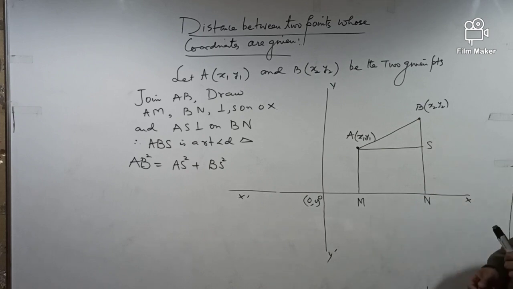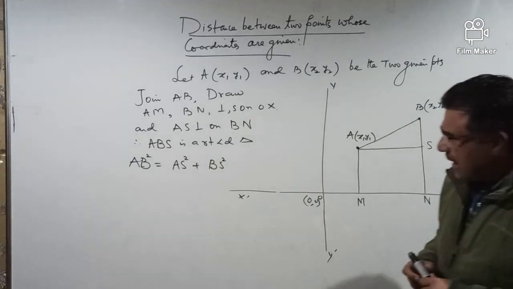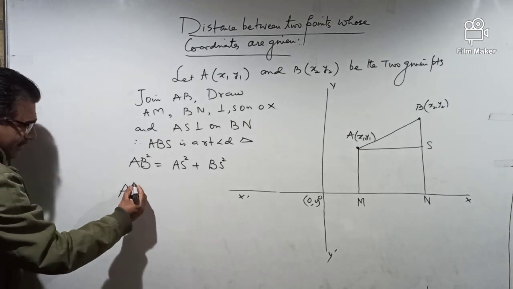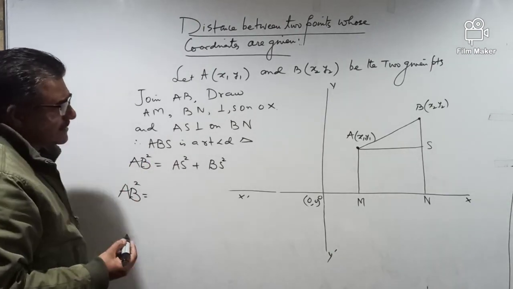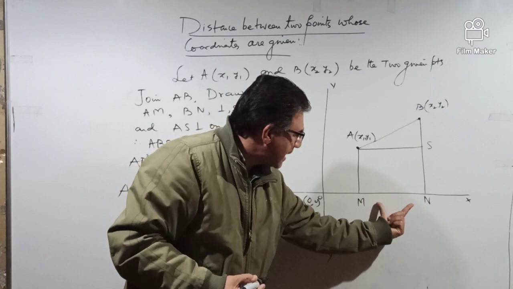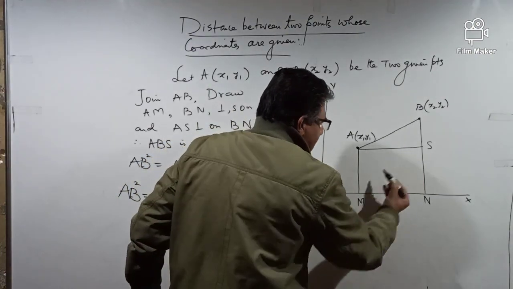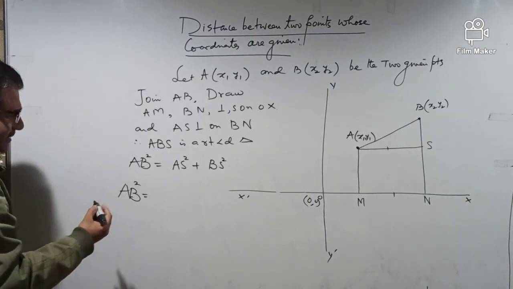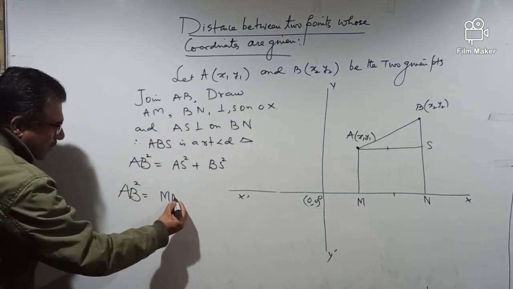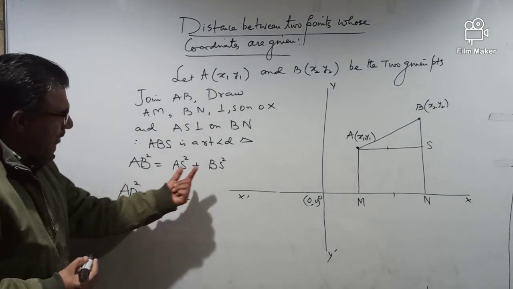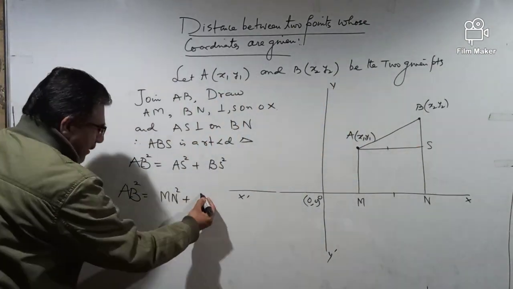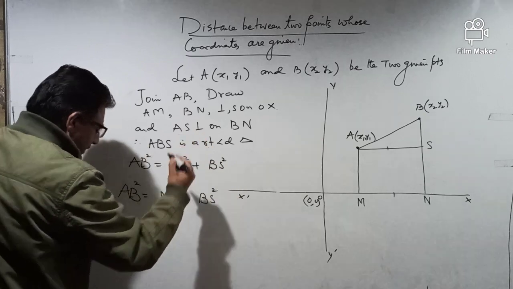So I have represented it like this. Now AB square I will keep as it is. Now what is AS? You see, AS is MN because AS and MN are one and the same thing, so they are equal. So instead of AS, I can write MN square. Then plus BS square. You keep for the time being BS as it is.